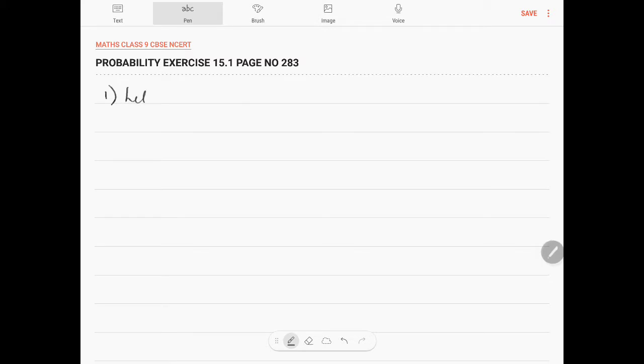Let E be the event of hitting the boundary.